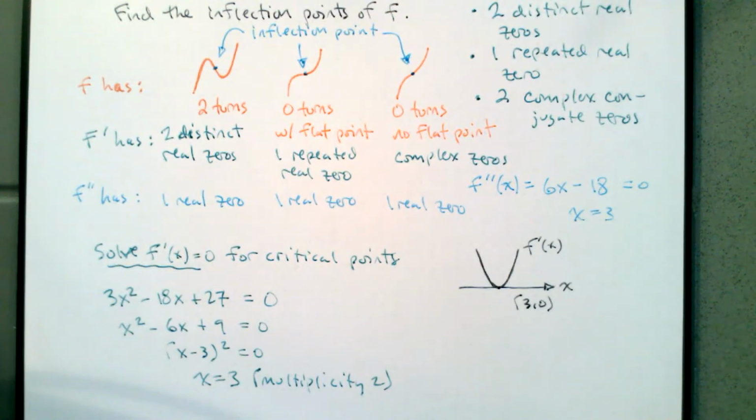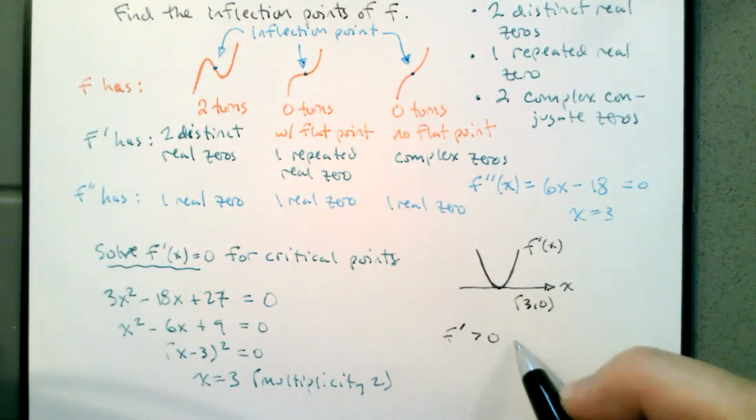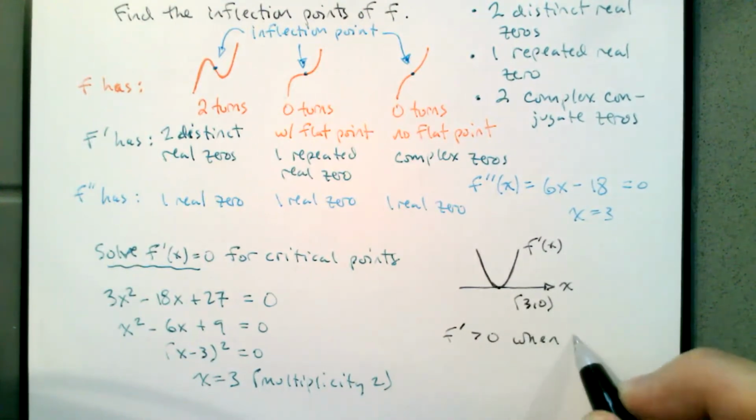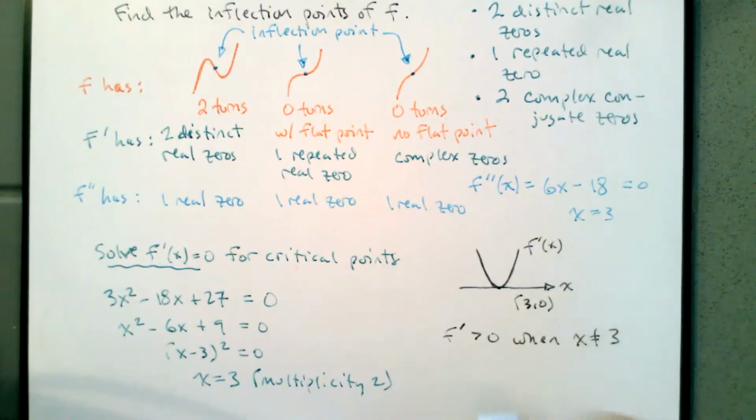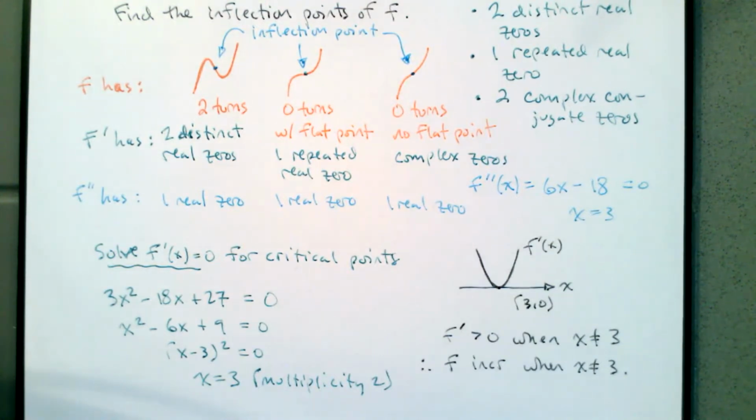This means that f prime is positive as long as x is not 3. Therefore, f is increasing when x is not 3. So now we know what shape this graph has. It makes 0 turns, but it does go flat when x is equal to 3.